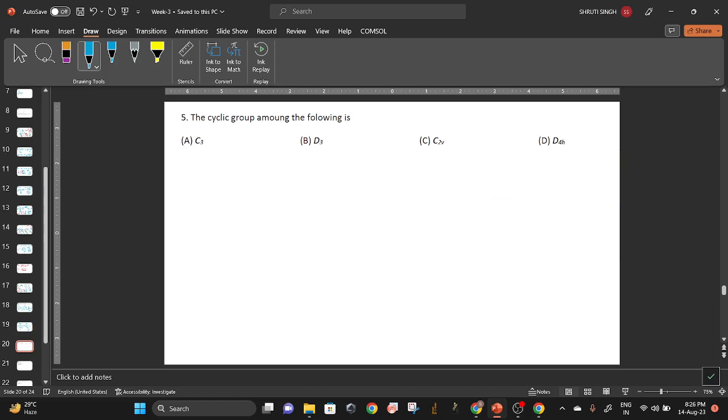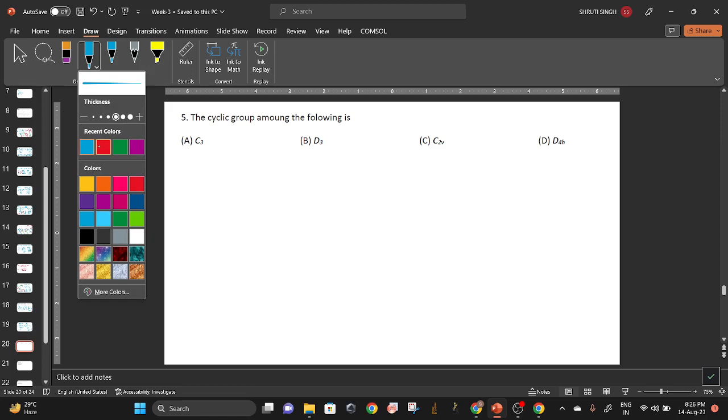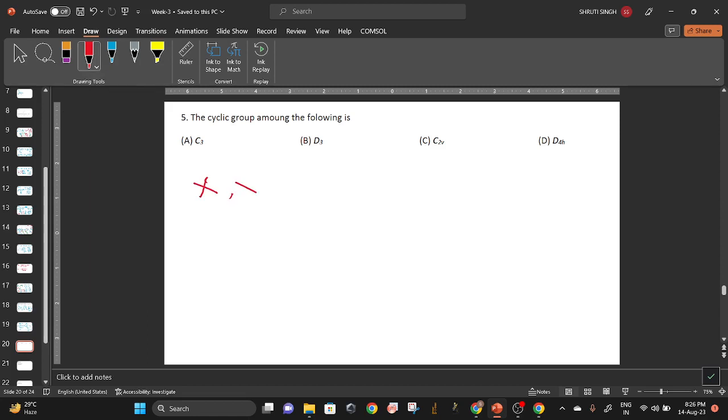Okay, so the cyclic group, C3. This has been discussed in the class, right? Yes, ma'am. Now C3 is the answer for cyclic group. The elements should be in order like this: x, x square, x cube, x4, like that.